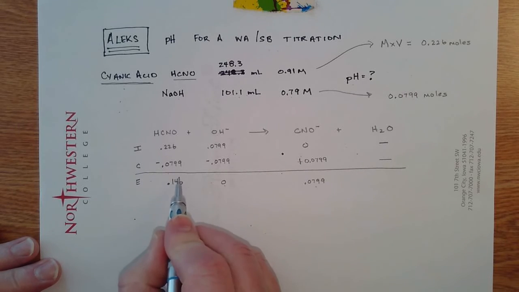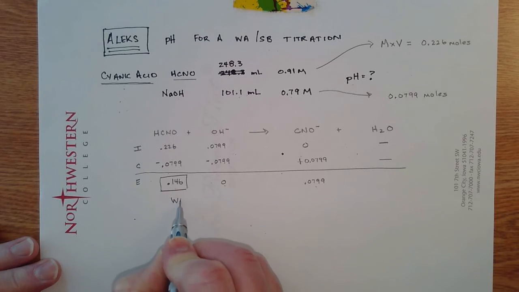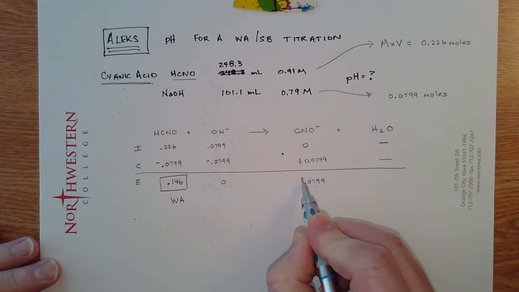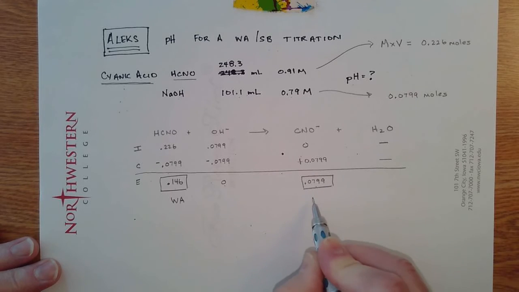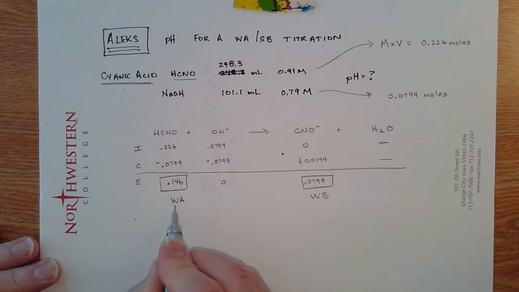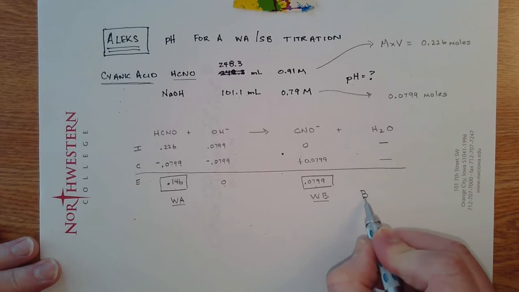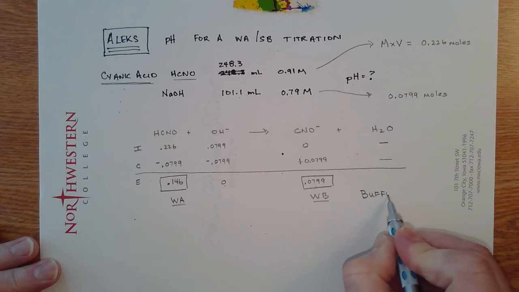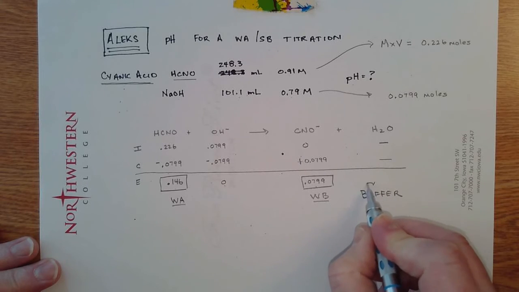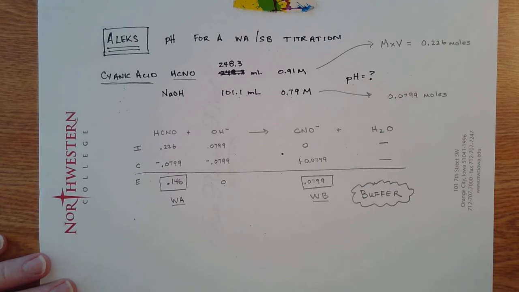In this case, we have a fair amount of our weak acid, and we have a fair amount of its conjugate base. So when we put a weak acid and its conjugate base together, that tells us that we're going to have a buffer. Okay? So we need to solve a buffer problem.